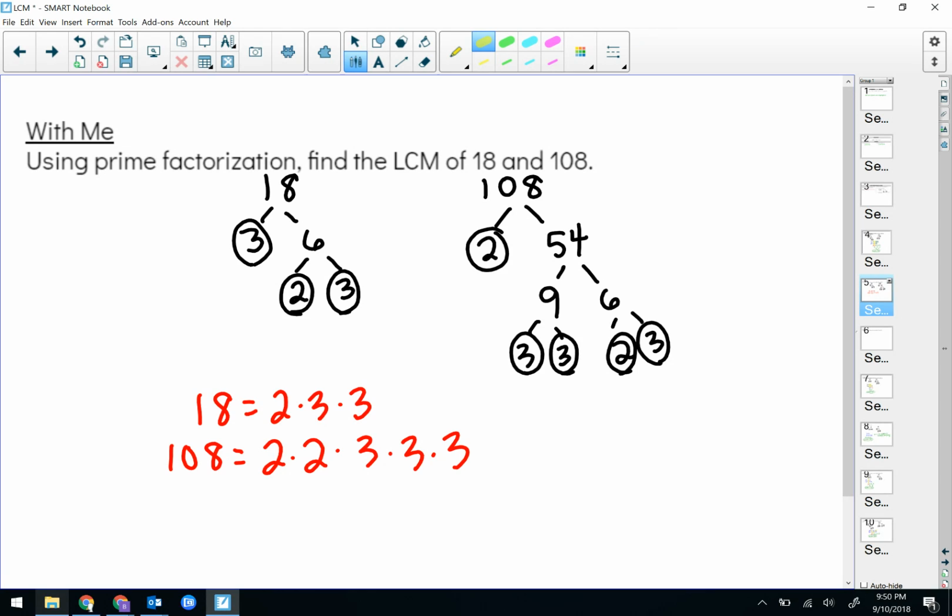Find the matches. So I have a set of 2s. I have a set of 3s. Remember, they don't have to line up and down. They can be diagonal. And I have another set of 3s. So my matches are currently 2, and I have a 3, and I have a 3.